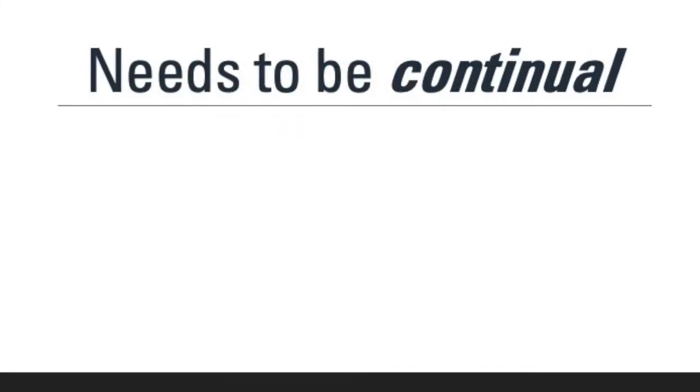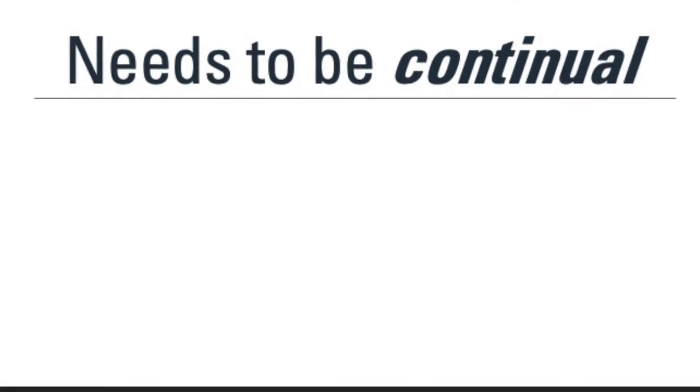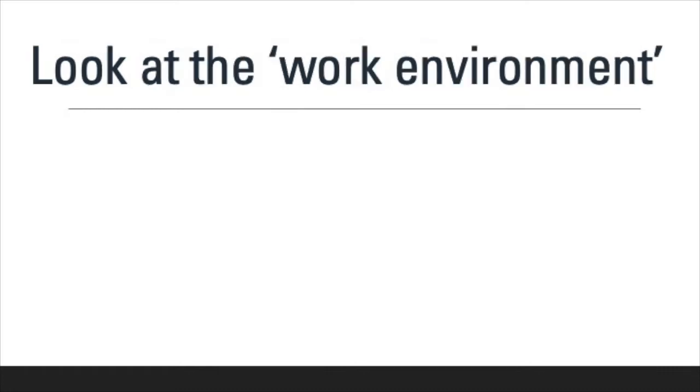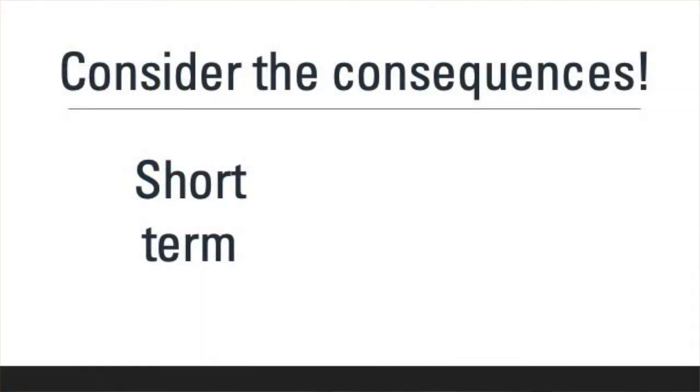The hazard identification needs to be continual, and it needs to be vibrant. And you need to look at physical aspects, look at the work environment. Hazard identification is critical. And the reason it's critical is because we can take care of the short-term consequences, but we're not always aware of the long-term consequences.